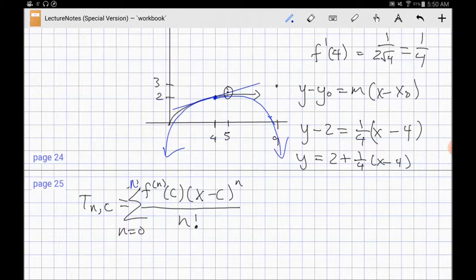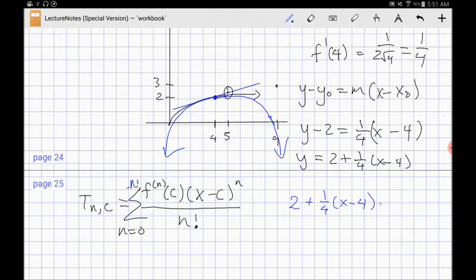And so when n is 0, we have the function itself evaluated at 4, times (x minus 4) to the power of 0 is 1, and 0 factorial is 1, so we have 2. And then when n is 1, we get plus 1/4 times (x minus 4).